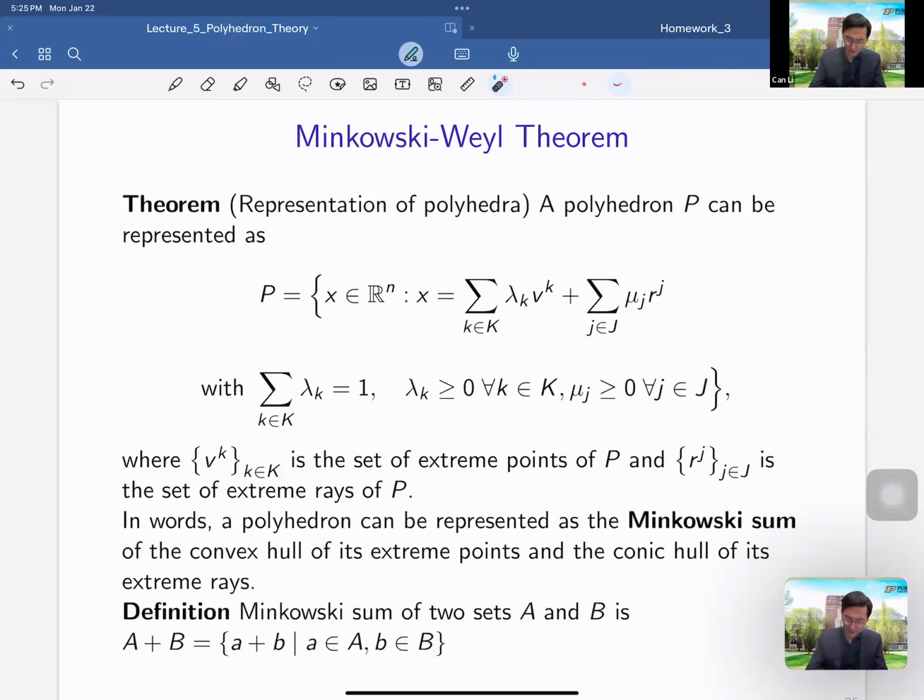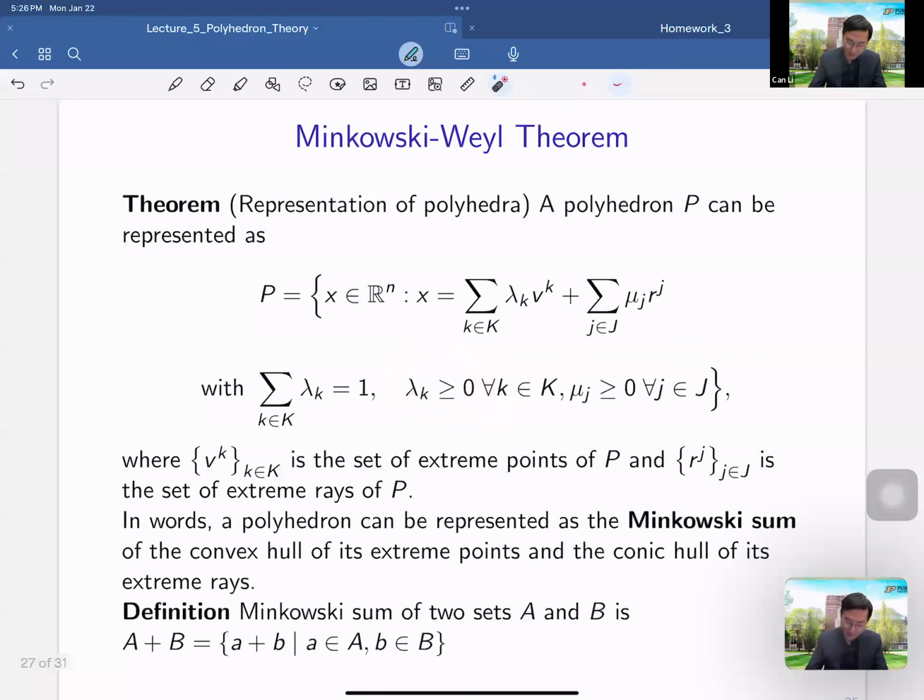Now, after you get the extreme points and the extreme rays, as you can see here, any polyhedron P can be represented as, so this is a convex combination of all the extreme points. So here, all the lambdas sum to 1 and all the lambdas are greater than or equal to 0.